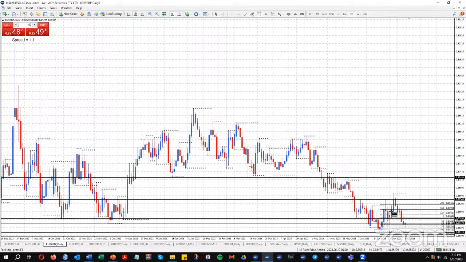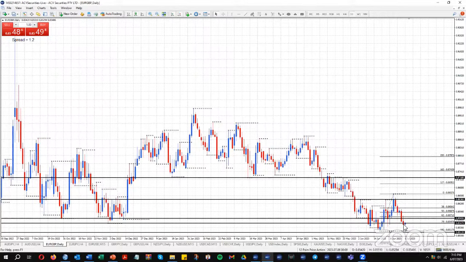If we start to see this 79% level overlap with monthly support, 85.47, and you get a strong 4-hour candle closing back above here, that might be the signal. Is this forming a bottom here to move back up the range? All right.